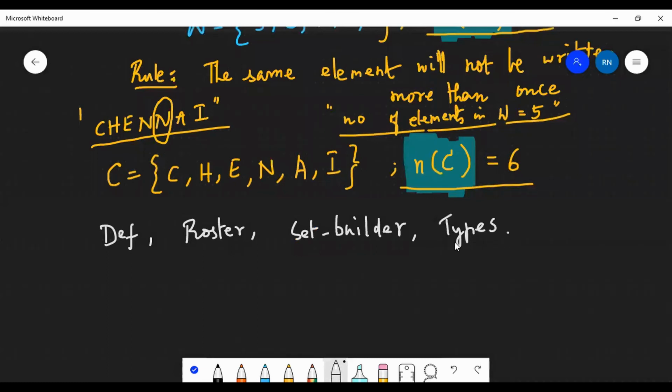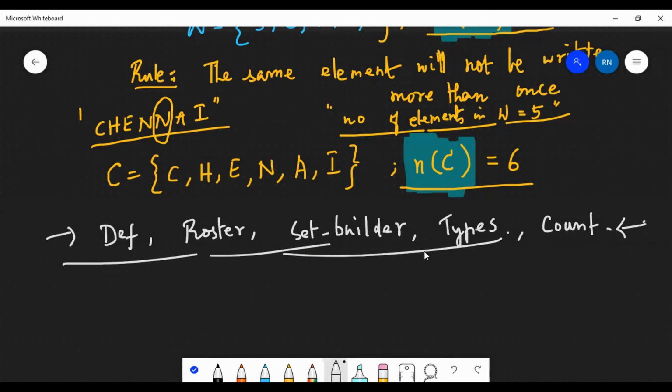All these things we discussed. And now finally, how to count the elements in a set. So these are the things we have covered so far. So let me give a short end to the board, and let me go to the textbook.